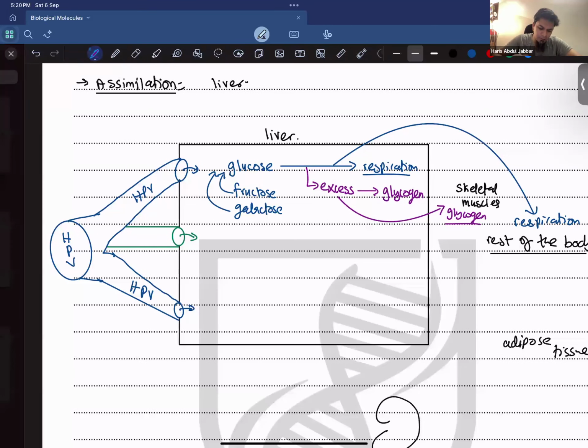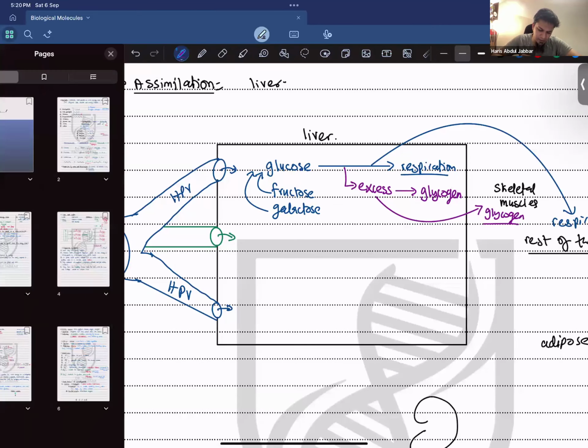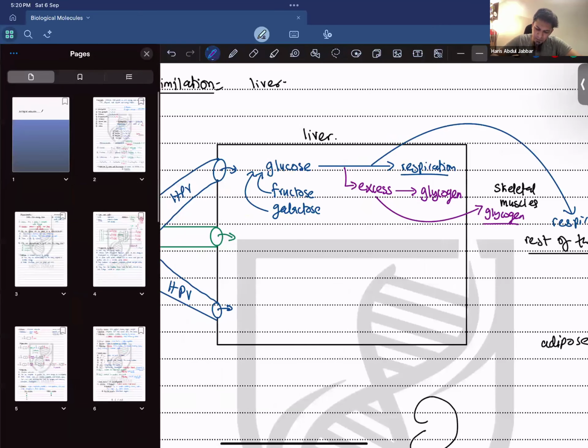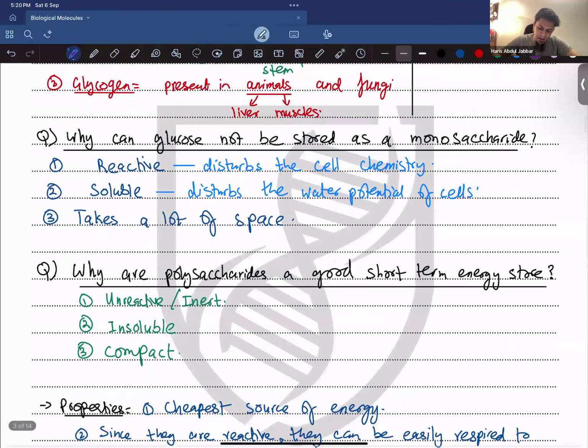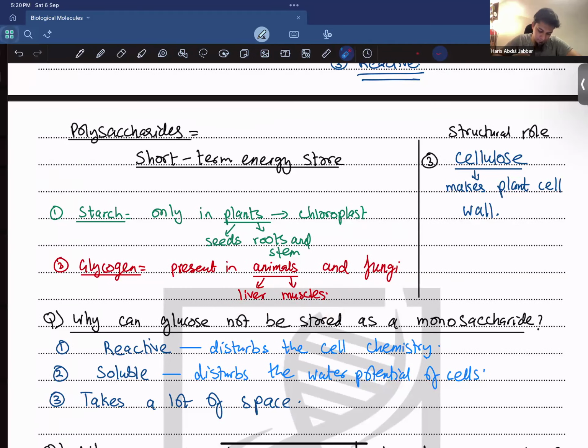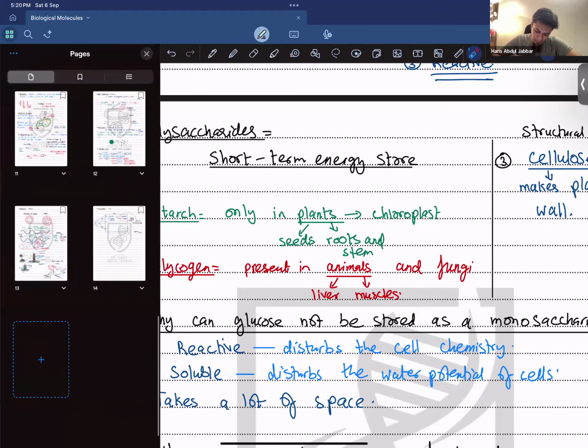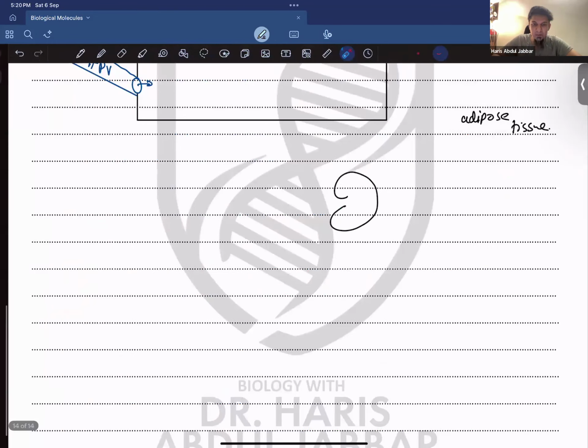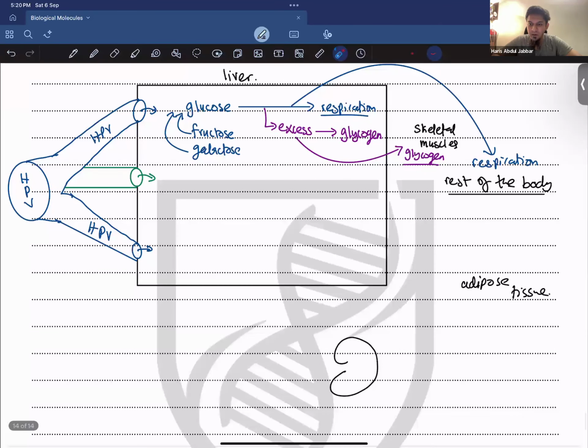If you go back up to when we were talking about polysaccharides, what did we say? The polysaccharide in animals, in humans, where is glycogen stored? In the liver and muscles, right? Which muscles? The voluntary muscles, which are the skeletal muscles. Do we get it? Is it making sense so far, my children? Easy stuff.